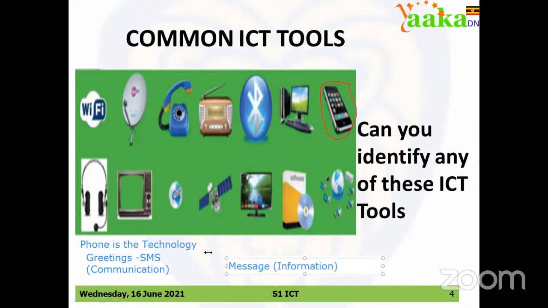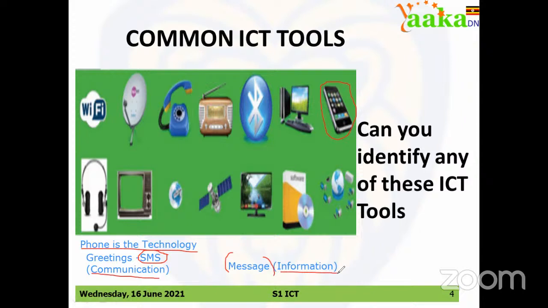So when you look at a phone, that's the technology there. Then the SMS, we are using, let's say, MTN, Airtel, and the rest, that lies under communication. Then the message that you are sending there, it is a greeting. Let's say you are at school, you are calling home so they give you pocket money, that is information. Are we together?